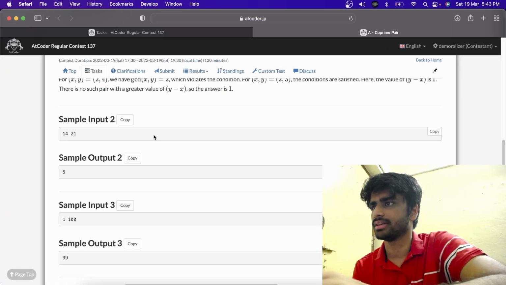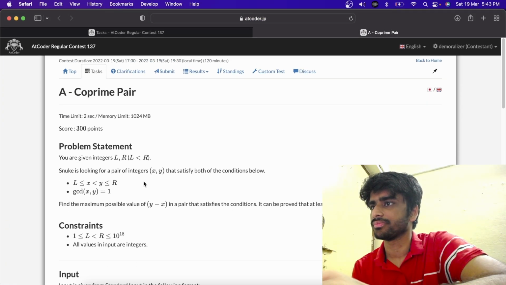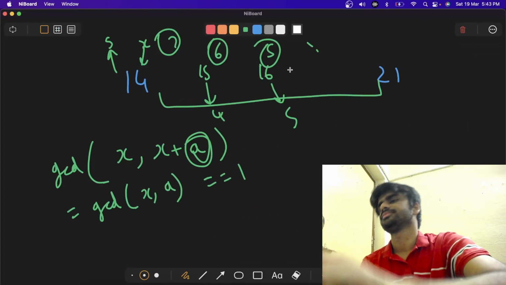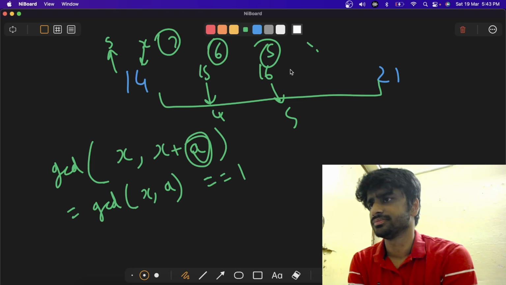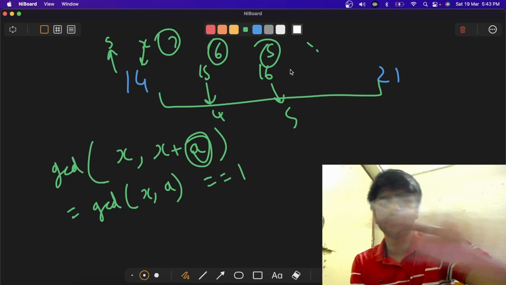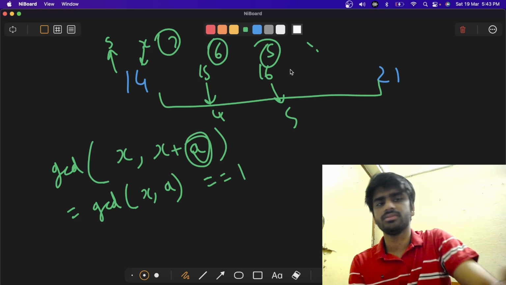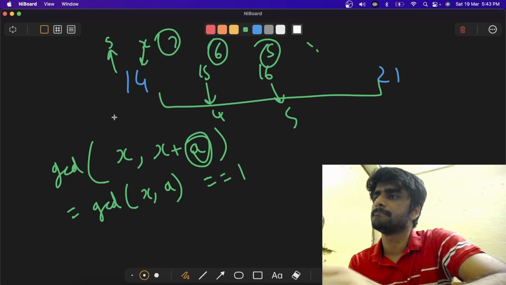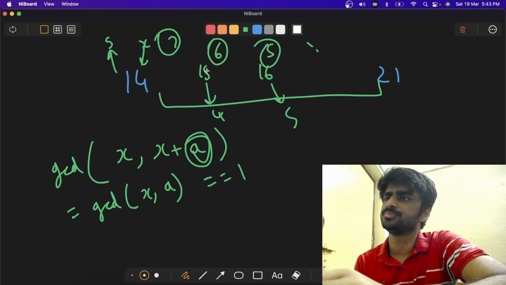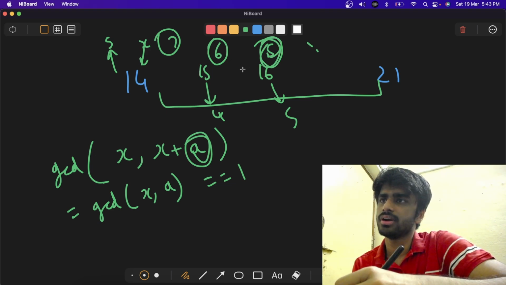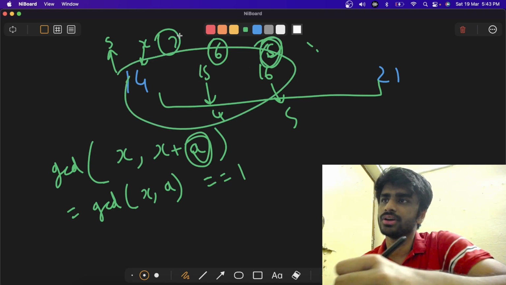But these are very big, right? L and R are very big, but wait a second. These numbers are consecutive, so when we pick 5, we want 5 to be co-prime with at least one of these numbers, right?